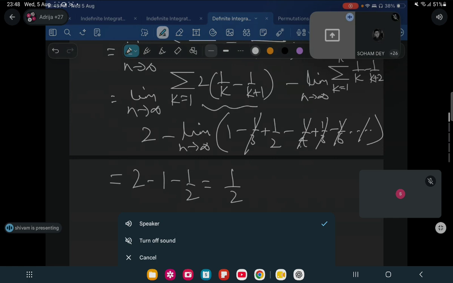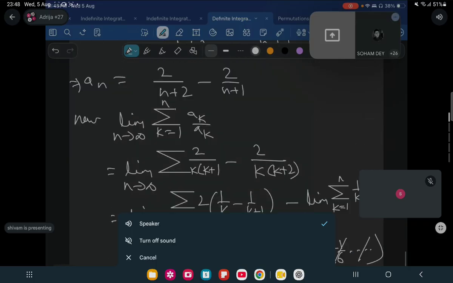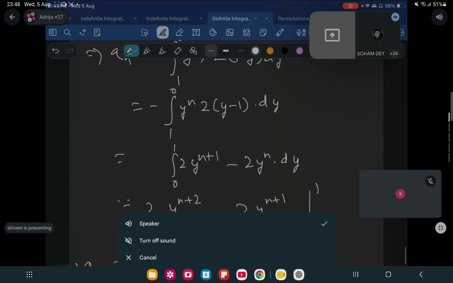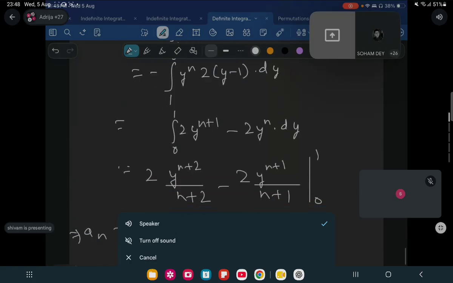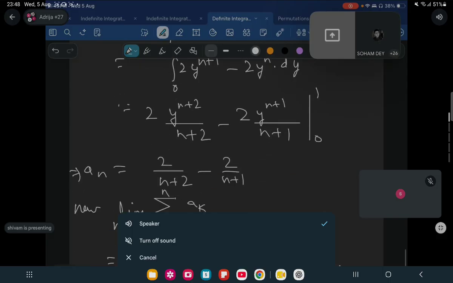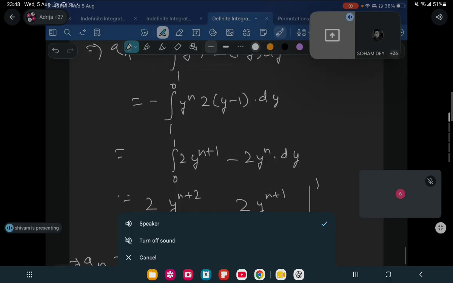Yes, tell me. Soham, what are you saying? Sir, in the step where you write the integrand, wouldn't that be 2n plus 2 by n plus 1 minus 2 by n plus 2? No, actually, see, I've multiplied by minus.